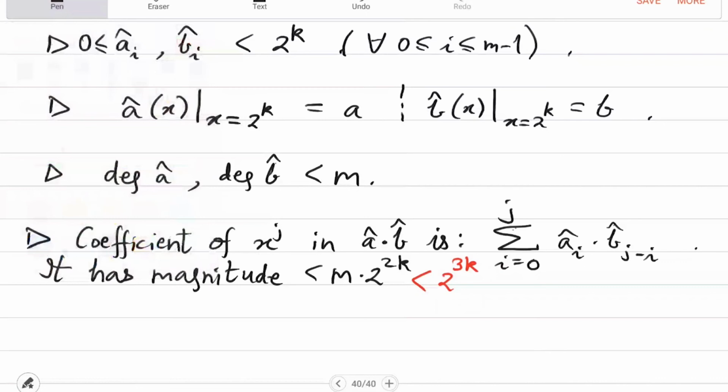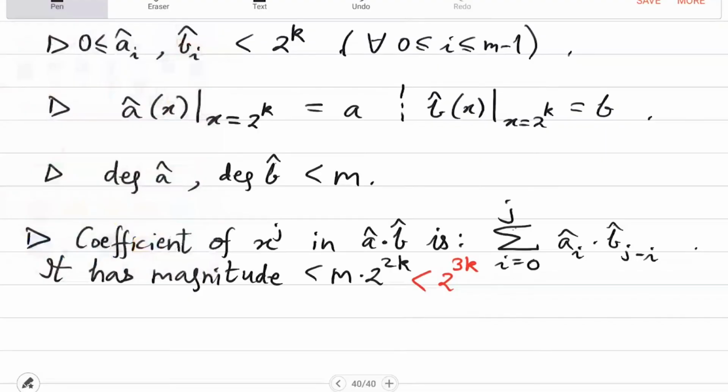So m is around square root L and k is also around square root L. So this is actually much smaller than 2 raised to 3k. The point is that when you multiply these two polynomials, the coefficients do get bigger, but not by too much. From 2 raised to k, they have only grown by a cube at most, more like a square actually. So they grow super quadratically. Once you have computed the a hat times b hat polynomial, how do you get a times b?